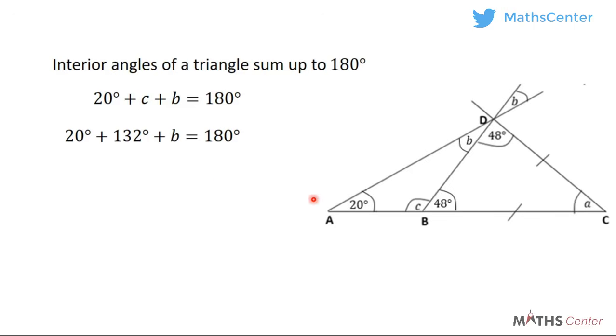C is 132 degrees as we found in the previous slide. So 20 plus 132 degrees plus B is equal to 180 degrees. 20 plus 132 will give us 152. So plus B will give us 180 degrees. B, if you simplify, you are going to get 28 degrees.